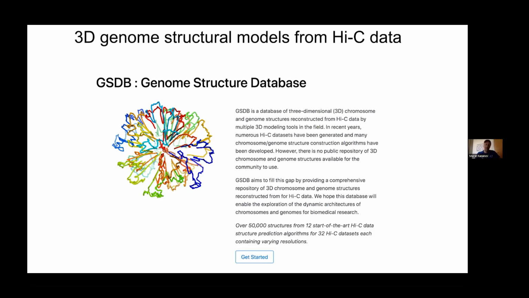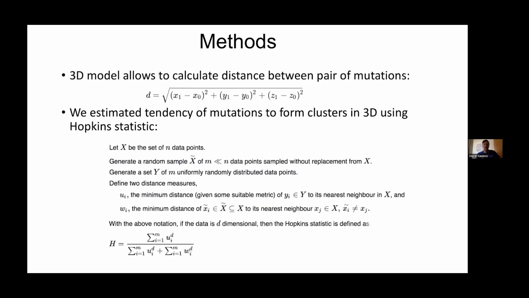So using these three-dimensional models, we can calculate the distance between pairs of mutations, for example, and we estimated the tendency of mutations to form clusters in 3D. We applied the so-called Hopkins statistic for this.